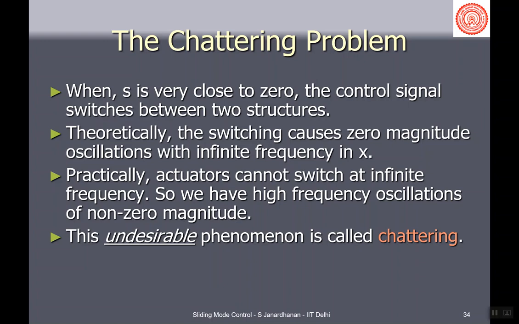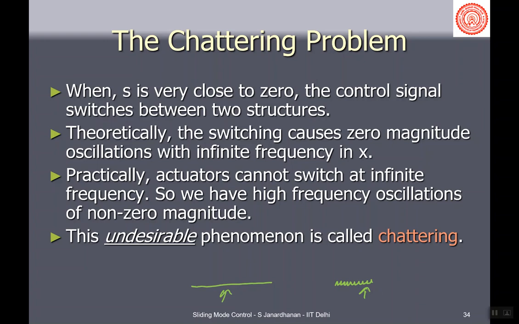They will switch at some very high frequency, the maximum possible frequency at which they can operate, and with a non-zero magnitude. So when what you expected was something like this, what you get is something like this. This looks smooth, this doesn't look smooth.